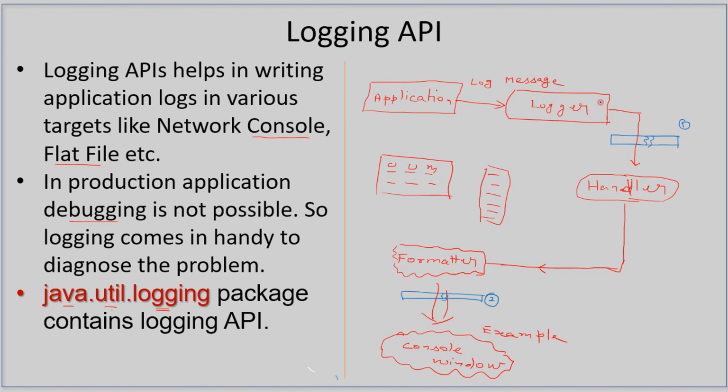Here it will say what kind of log message can reach a handler, and once it reaches the handler, you can perform further filtering, actually even before the formatter. What kind of message can reach the console or the target location can also be decided using the second level filter.